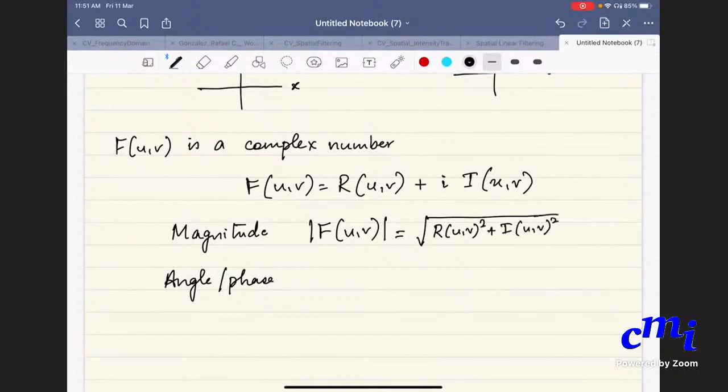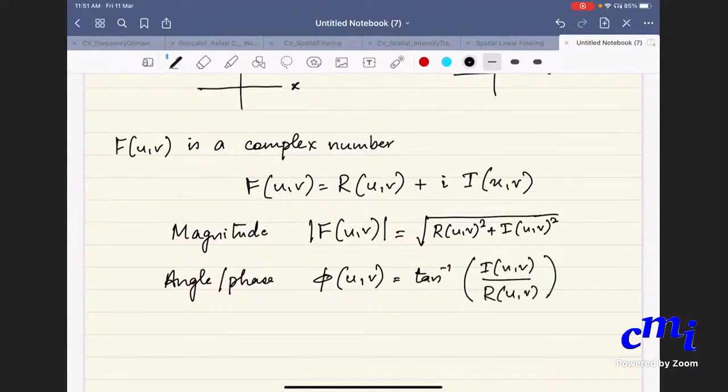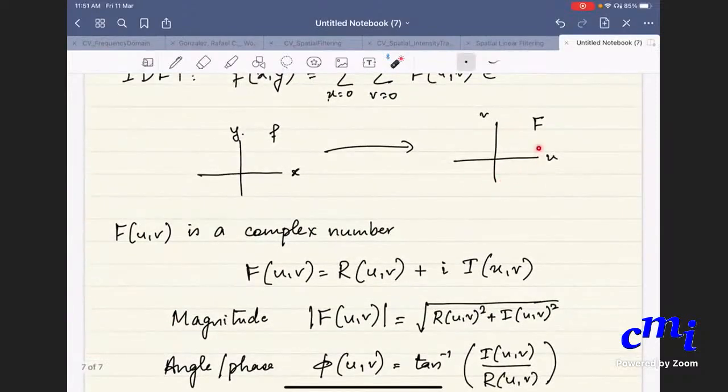And the phase, which we'll denote by phi(u,v), is tan inverse of the imaginary part by the real part. So it turns out that just as you plot F(u,v), this (u,v) is going to give you the location in this domain.